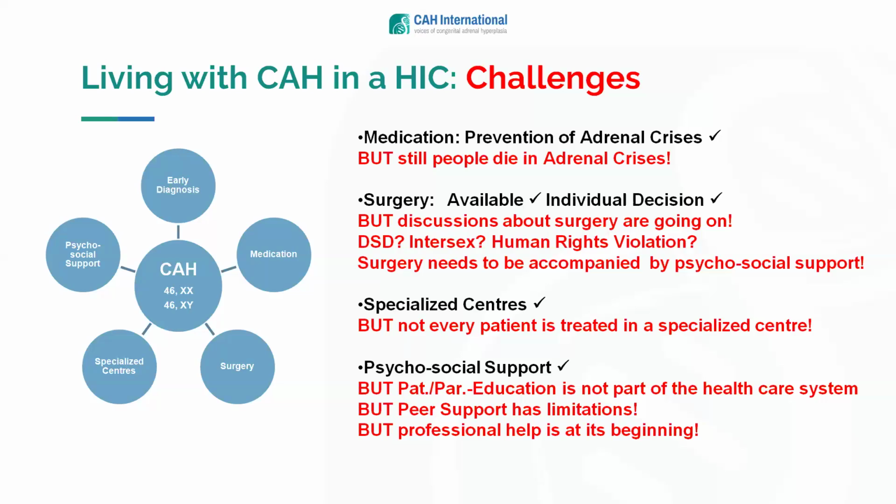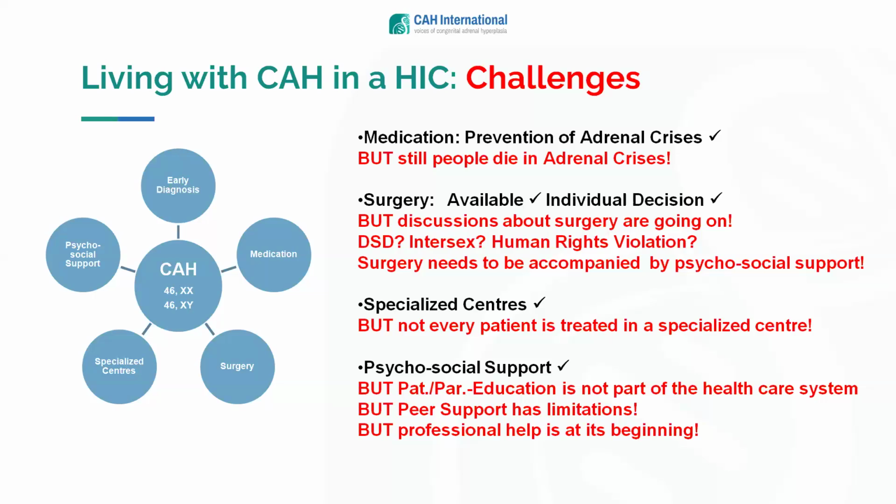Families and patients whose parents do not have enough education just don't turn up in our meetings. So peer support helps very much in growing up with CAH, in living with CAH, but not everybody joins a peer support group or a CAH group as we have it.